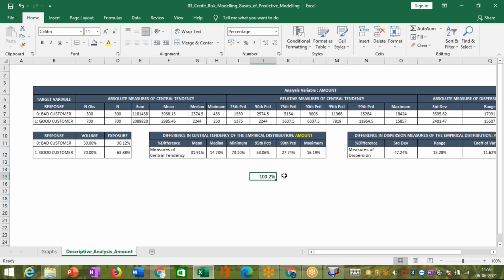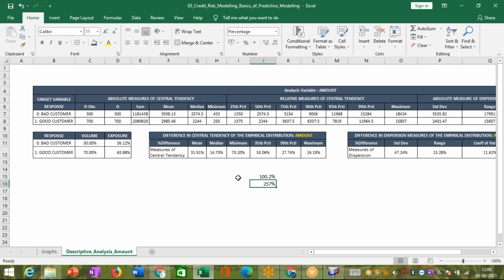Now if I go from the 75th percentile to the maximum, you will see that the variation has increased even more. Your maximum value is this minus this divided by this, so it is 2.57, which is 257% more than what it was at the 75th percentile.